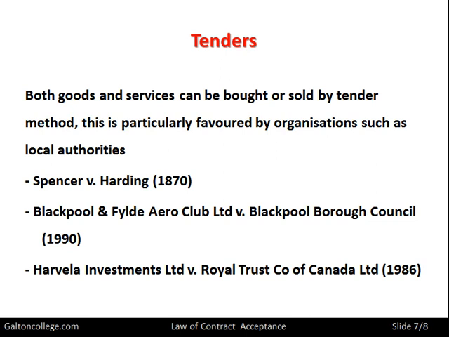And depending on the conditions set out by the local authorities in looking for the tenders, a contract will come into existence once the tenders have been selected and an agreement has been made between them and the local authority. At that point, a contract can be drawn.